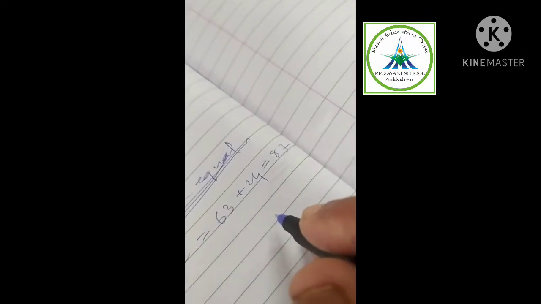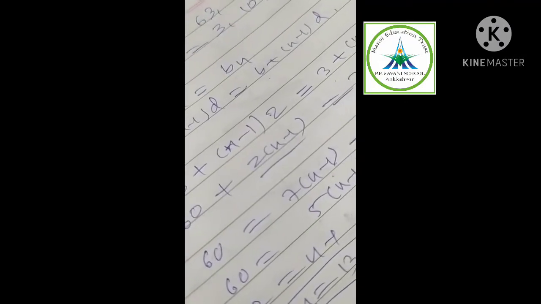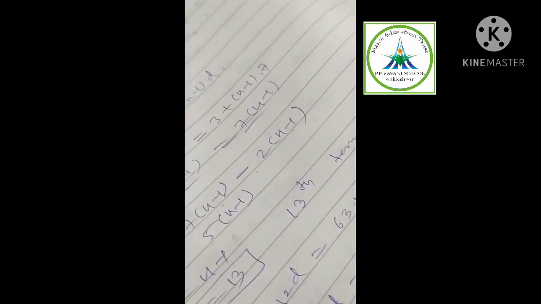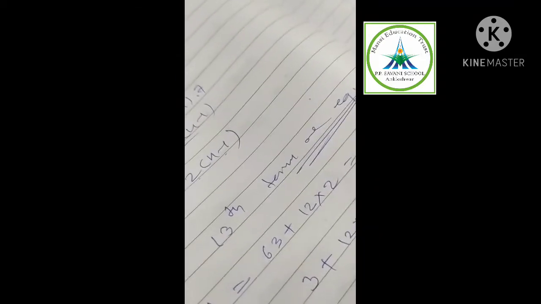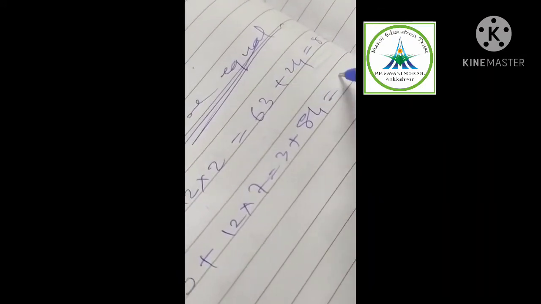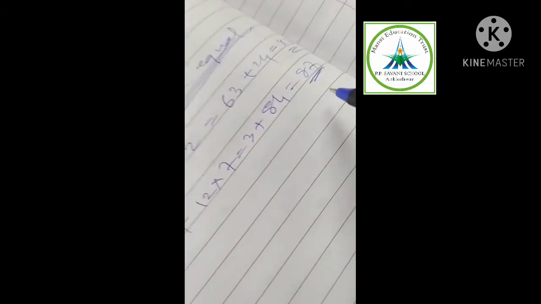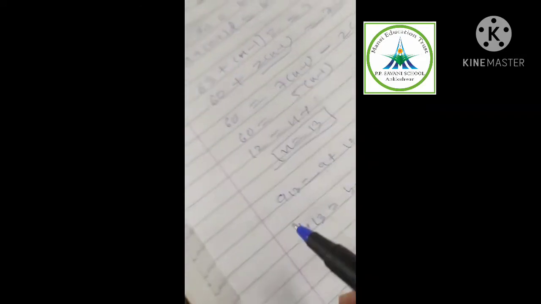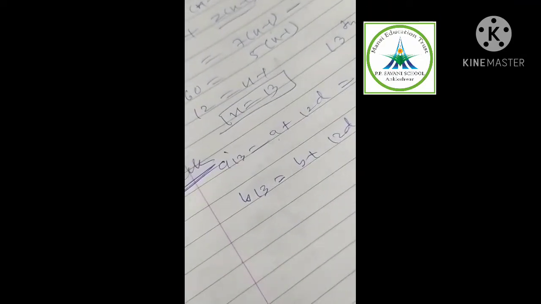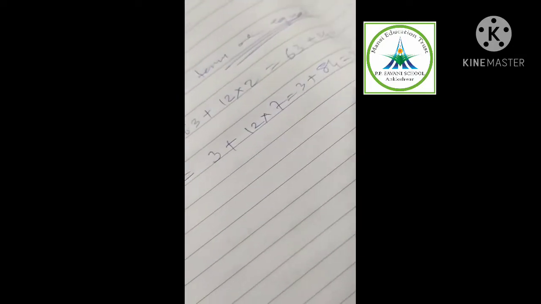So a13 is 87 and b13 is 87. This is verified; it is only for checking. If they ask what that 13th term is, then you have to find it like this.